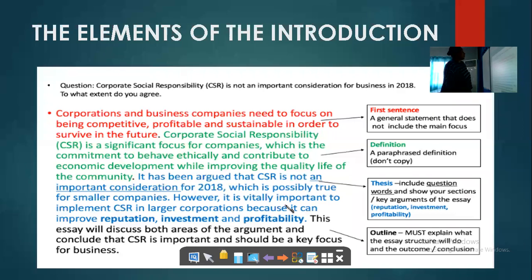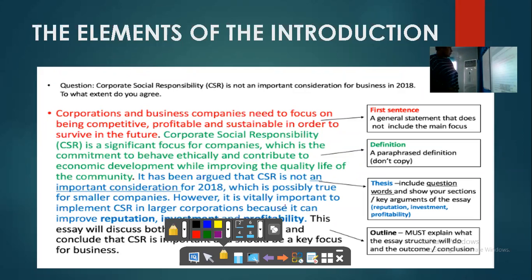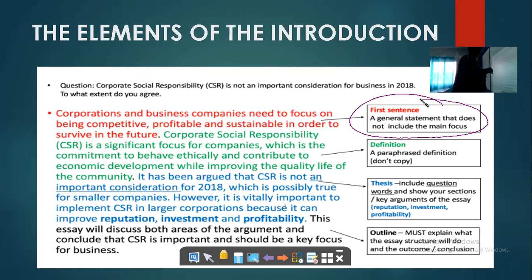This one is now with elements of the introduction. So what we are seeing is what makes up the introduction. Right? We talked about general statements, the whole idea of why we are telling a story or using statistics or using expert opinion. All these are to create a general statement.